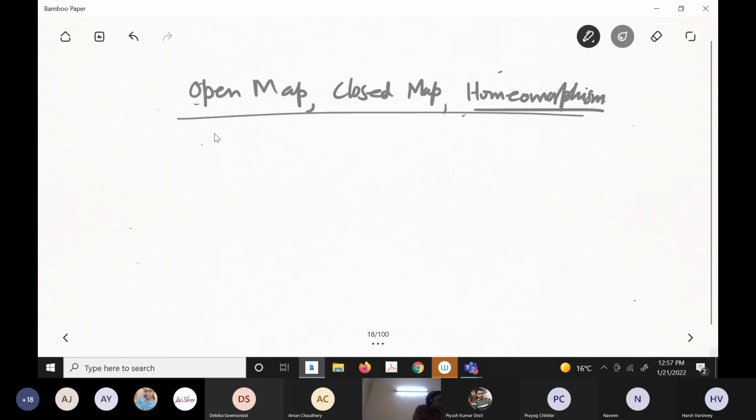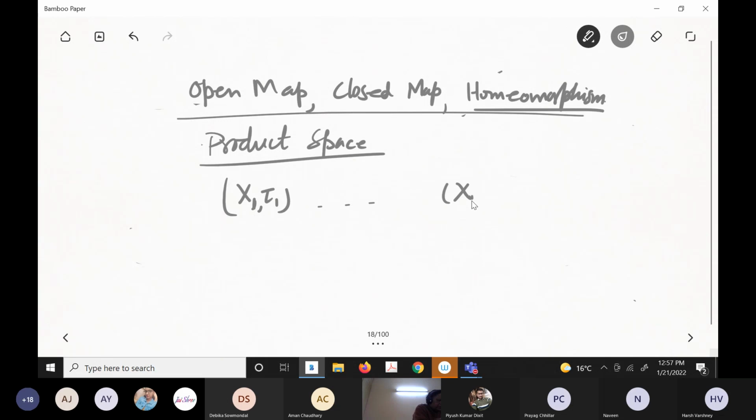Now I have to talk about product space. The product space is apparently a little more difficult if you take the product of an arbitrary family of topological spaces. So I will take finitely many: (X1, tau1), ..., (Xn, taun). These are topological spaces.